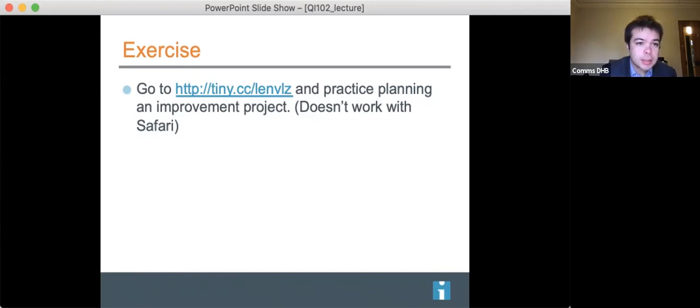If you can't access it, I'm very sorry. You may find if you're using Safari, it doesn't work. So you would need to use something like Chrome or Explorer. But if you can't see it, doesn't matter. If you can't use it, doesn't matter. You can watch what other people are typing, and then we're going to go through it in about 3 more minutes' time. Okay, so apologies to people who are having technical issues.